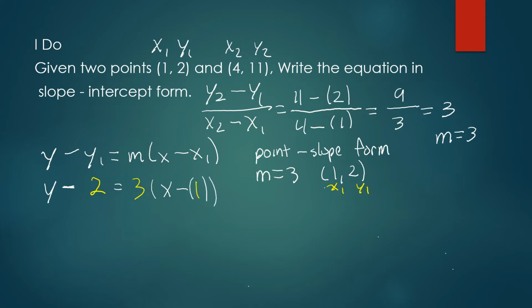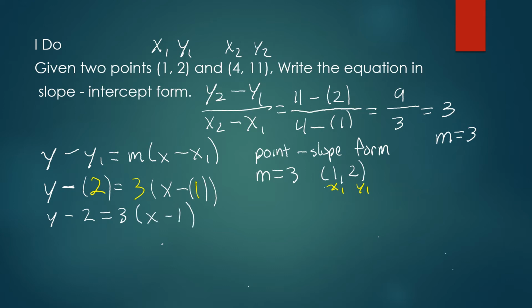Now I'll put these in parentheses. You always substitute and put them in parentheses. Go ahead and let's simplify that. Y minus 2 is equal to 3 times x minus 1.